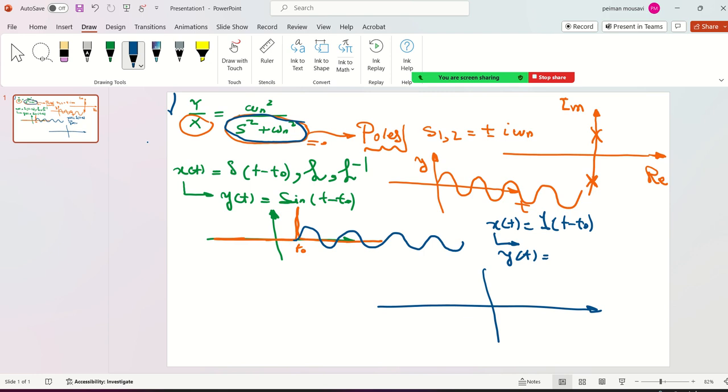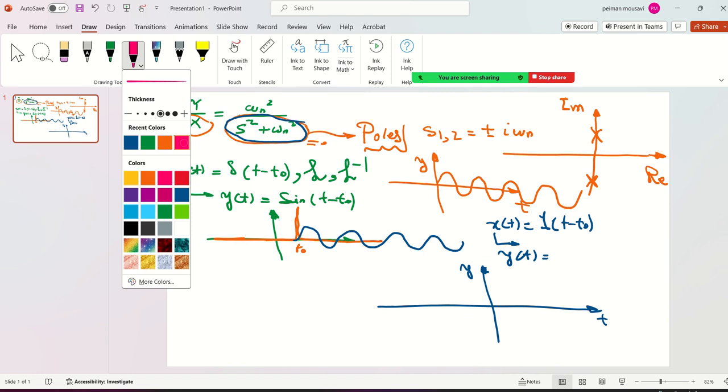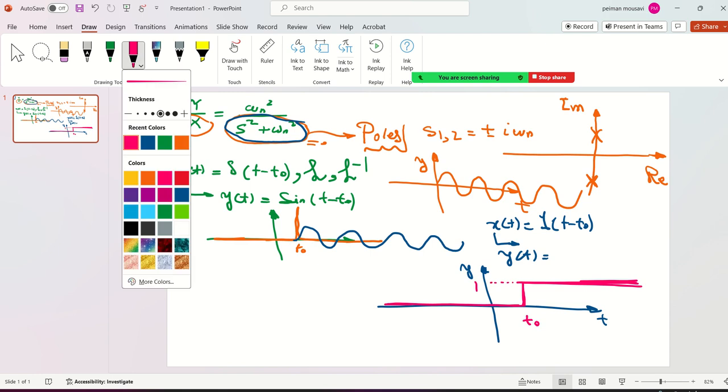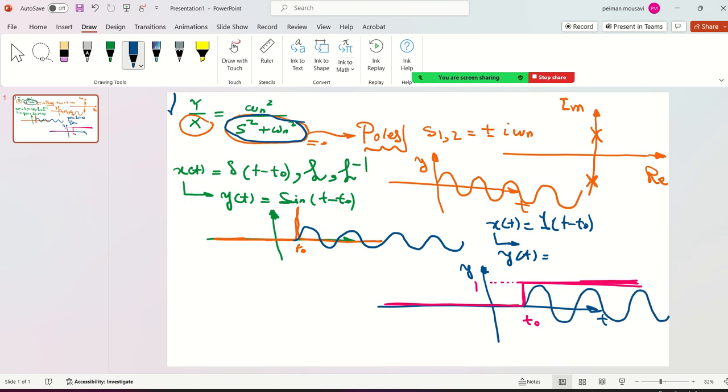So this is the delayed input, as you saw in the Simulink file I shared with you. Here's t naught, and here's one unit step. This is the input. The output was again this, because you're still working on a system that has a pair of pure complex poles.